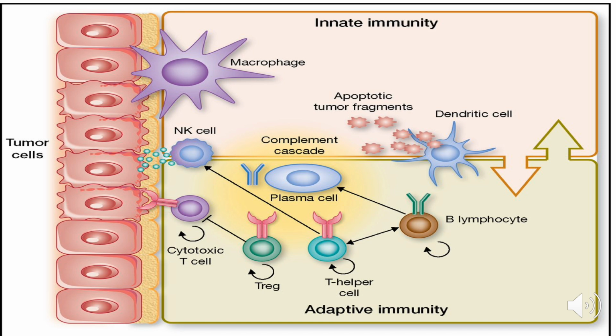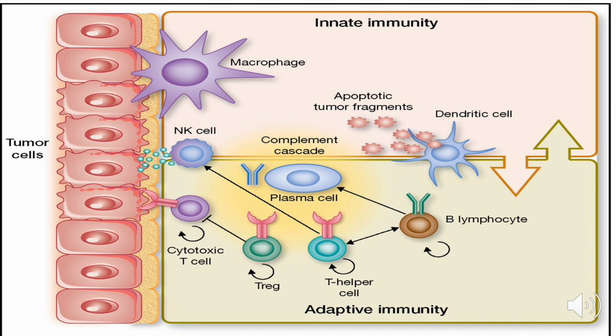Because if they have changes in their antigenicity or appearance or morphology, these cells will think that the cell in front of them has undergone malignant transformation. And these natural killer and cytotoxic T cells will initiate an immune response that would end up in the lysis of the malignant cell or cancer cell.